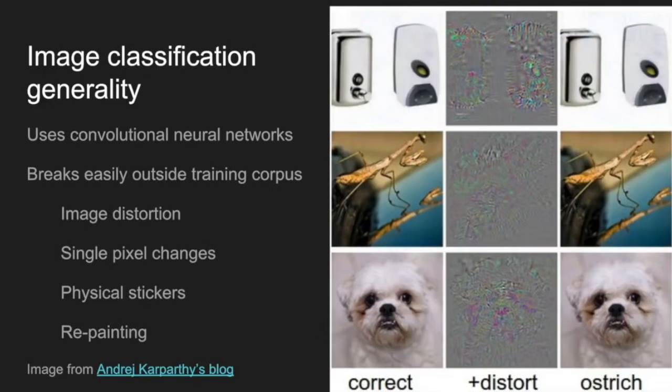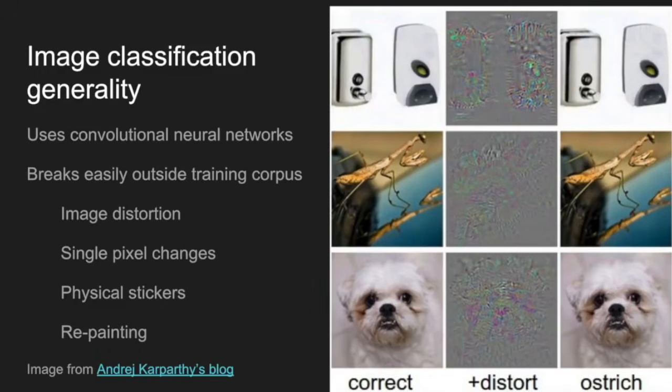This is good, but it has been shown to break easily outside of the set of images that you train it on. To give an example of this, if you look at the images in the left-hand column, we see soap dispensers, praying mantis, a puppy. These are all images that were correctly categorized by a convolutional neural network.